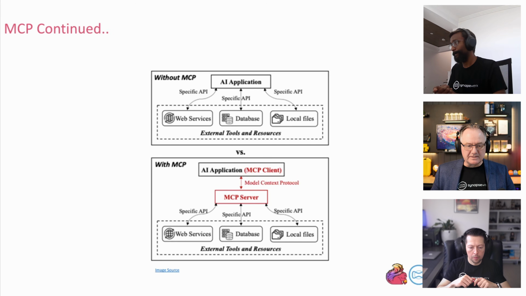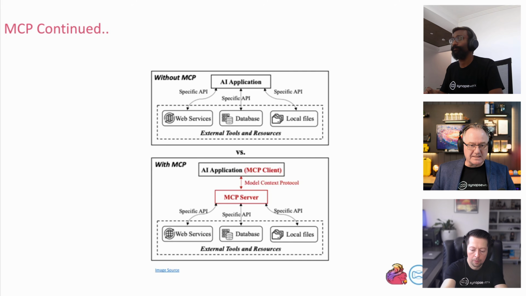Sorry to interrupt, Bhargav, but given some of the questions on the day when you presented, it's worth pointing out that the MCP server is not the LLM. The LLM isn't interacting directly with the web services or the database or the local files. That's all about the protocol within MCP, and it's using those protocols, which is all very deterministic.